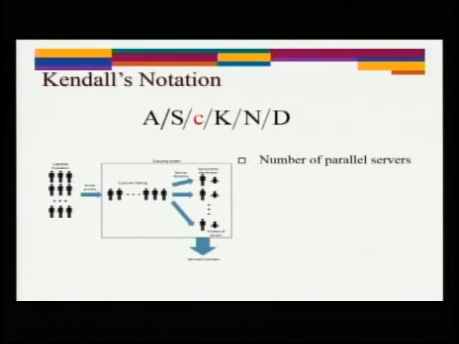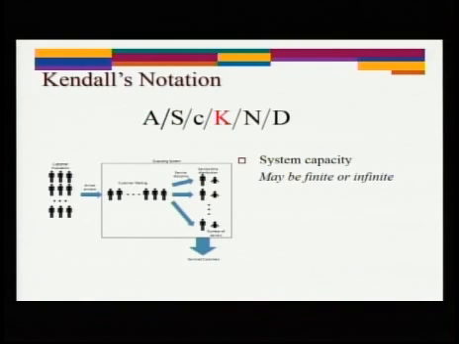And the fourth one is the maximum allowable number of customers in the entire system, including those in service as well. So the fourth character specifies the system capacity, basically. This number can be infinite or finite, and it is omitted if infinity.